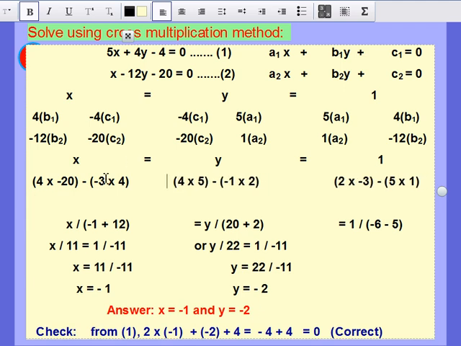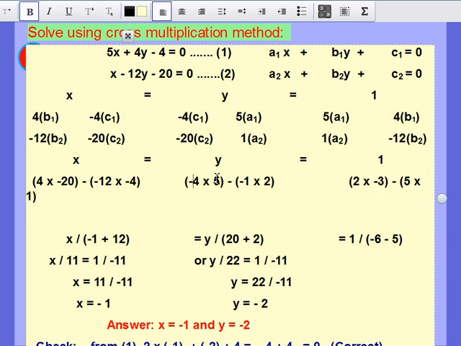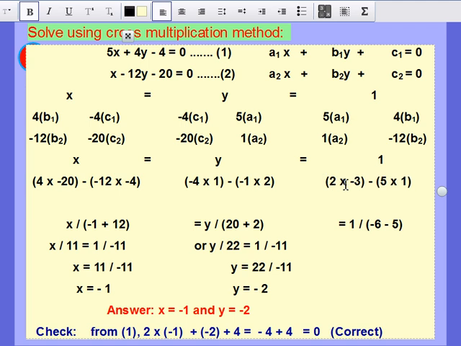Minus 20 and minus 12, I copied this from the previous question, and minus 4. When I come here, it is minus 4 into 1. I hope you can do it. Can I leave it for you? Because it will take a very long time, but I am just arranging them. And then here you will get minus 20, I'm sorry, into 5. This is the drawback of copy paste.